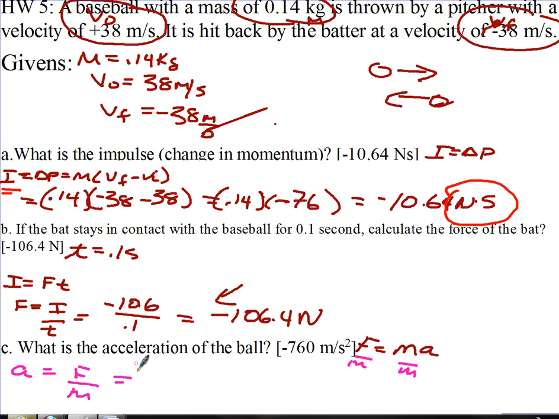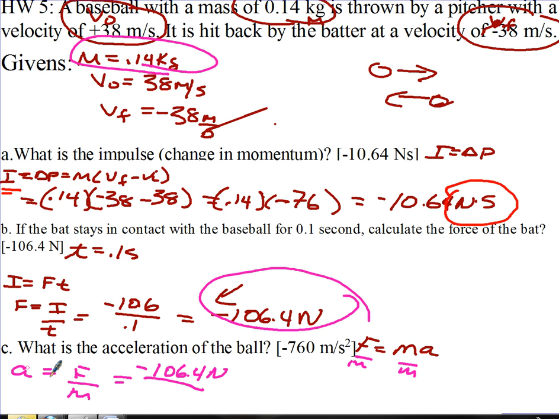So let's see, the force is negative 106.4 newtons. I got that from here. Divided by, let's see, where's the mass of my ball? Right there, 0.14 kilograms. So I get an acceleration of negative 760 meters per second squared. All the negative sign means is it's to the left. And there's my acceleration.